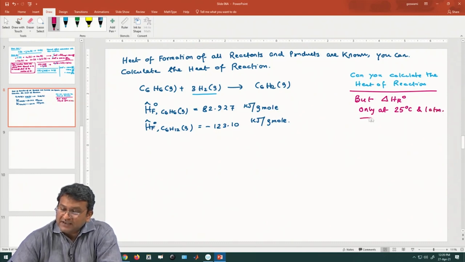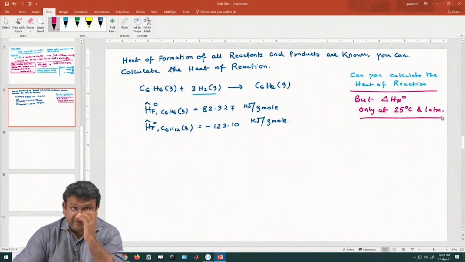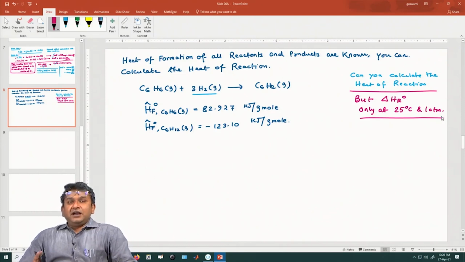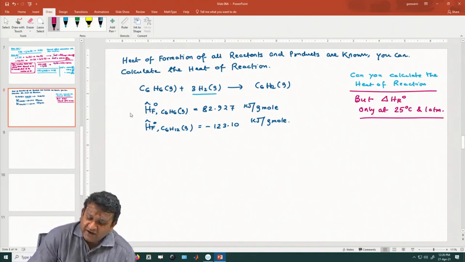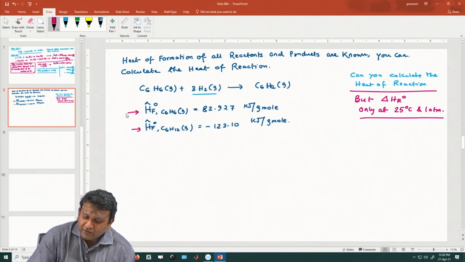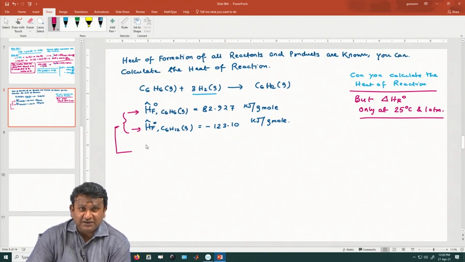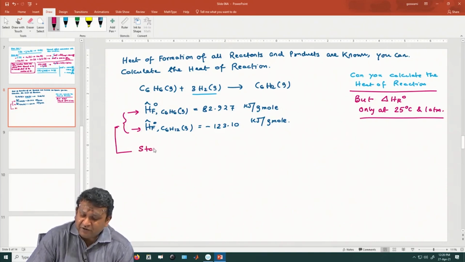In other words, if this reaction proceeds at 25 degree centigrade and 1 atmospheric pressure, then only we can calculate the heat of reaction values. Why? Because these are all standard heat of formation data. Whatever is provided, though we loosely say heat of formation, is actually standard heat of formation.